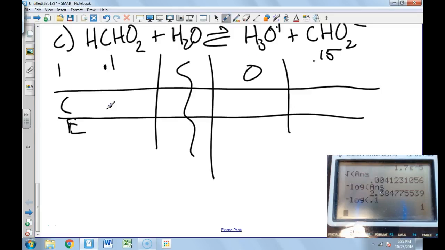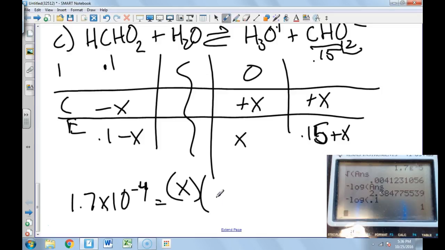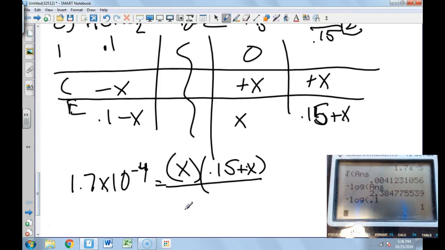That's 0, so we're going to do minus x, plus x, plus x: 0.1 minus x, x, 0.15 plus x. This 2 is not squared, that's part of the problem up there. And so now 1.7 times 10 to the minus 4, the equilibrium constant, equals products, x times 0.15 plus x, all over the reactants, which in this case is 0.1 minus x.